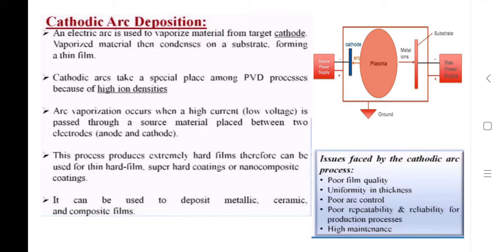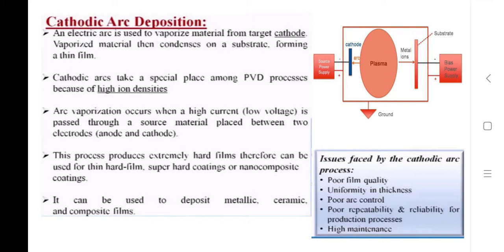An electric arc is used to vaporize the material from the target cathode, then the vaporized material is condensed on a substrate, forming a thin film. Here you are using some cathode material, then you are using the plasma, and the plasma ions go to the cathode side, and the metal ions go to the substrate side.